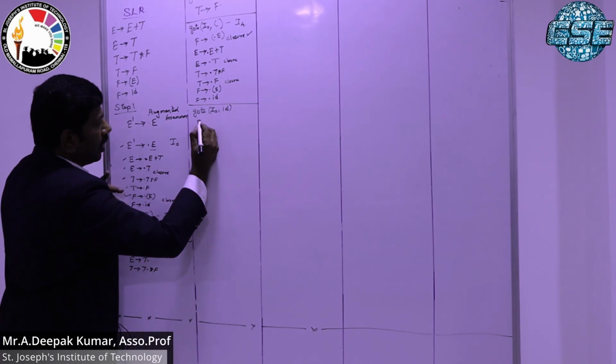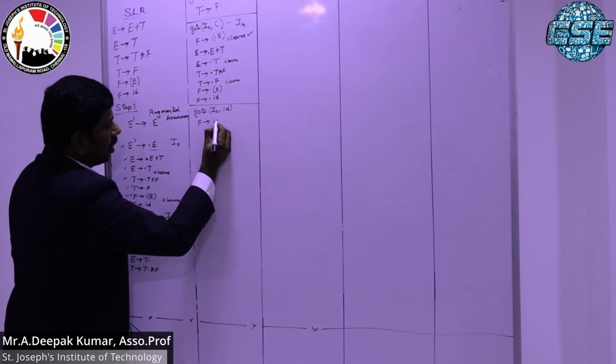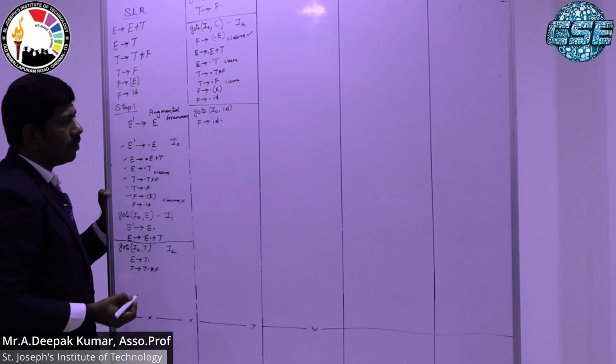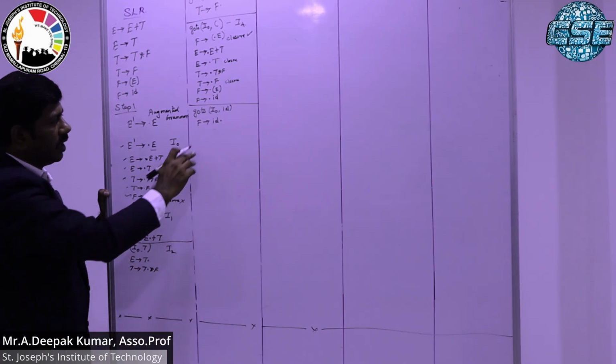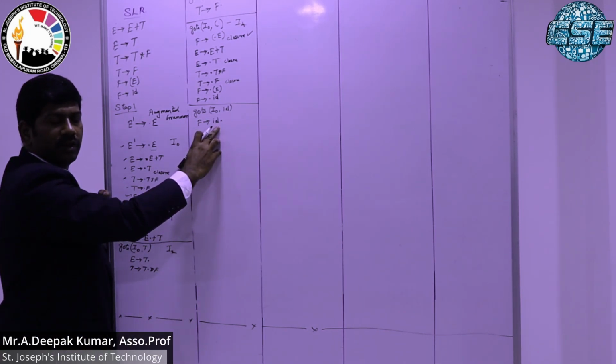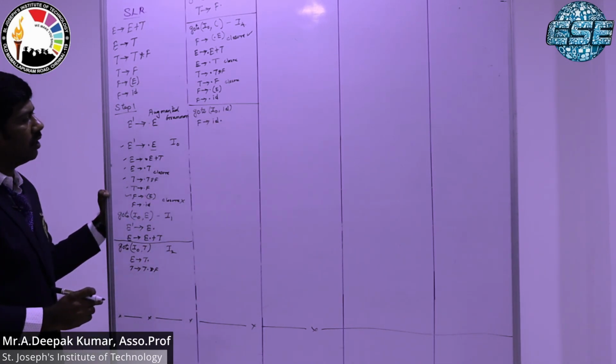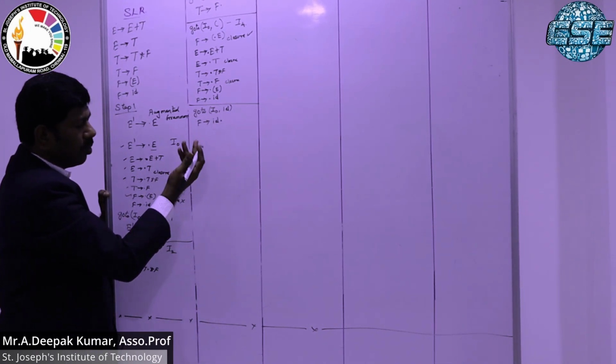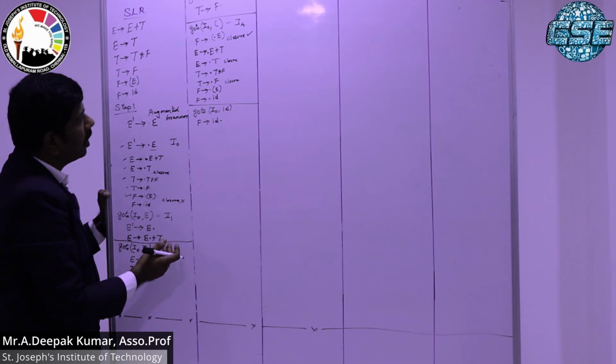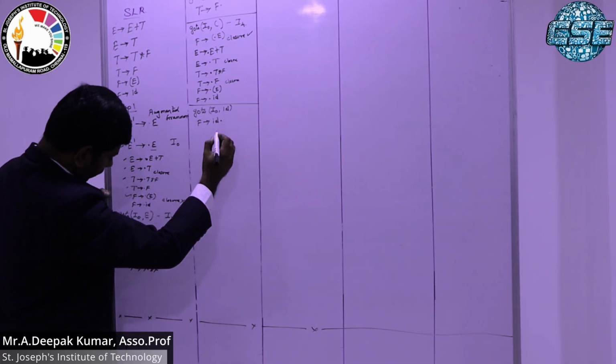F derives ID dot. As we discussed, this can be said to be a completed grammar because the dot has moved to the right-hand side of the grammar. So no more operations are possible here. Let me name this as I5.